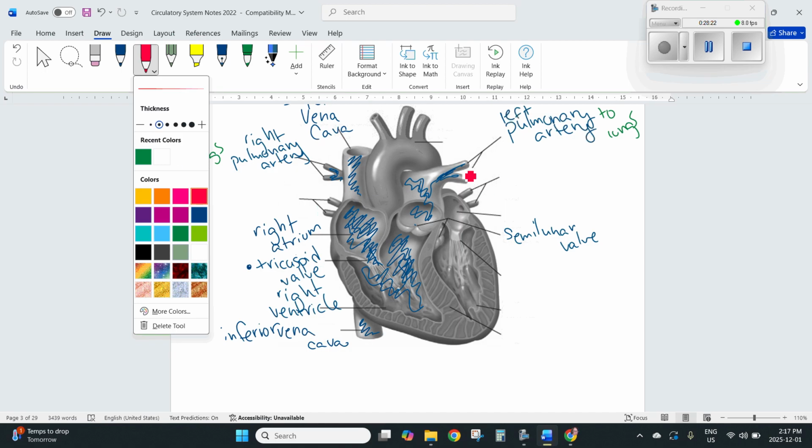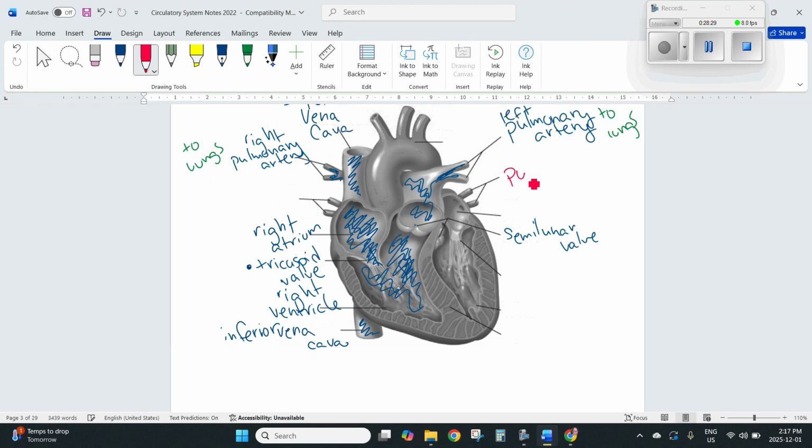So right below my two pulmonary arteries here, I have my pulmonary veins. So this is a pulmonary vein. This is my left pulmonary vein, and it's coming from the left lung. So now I can shade this in as red because it's oxygenated.